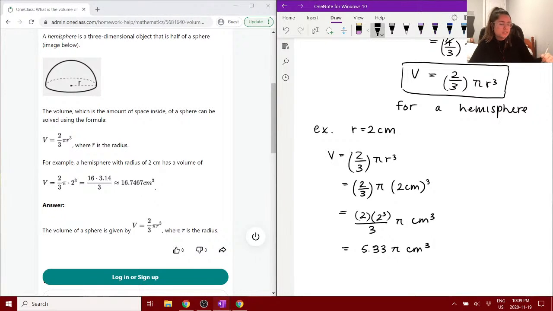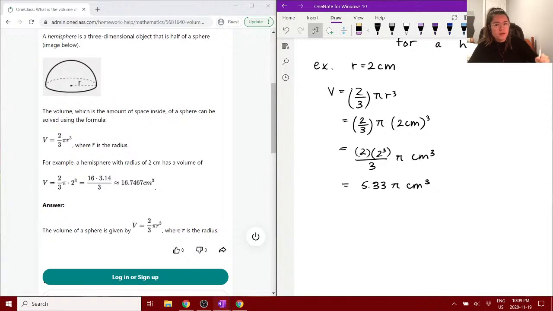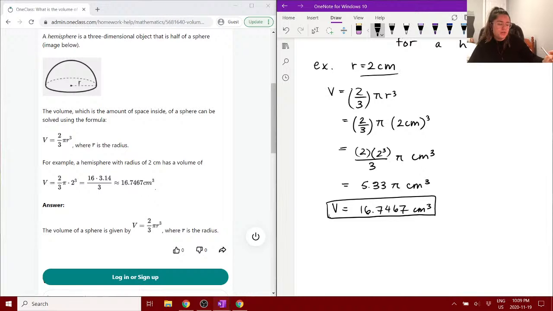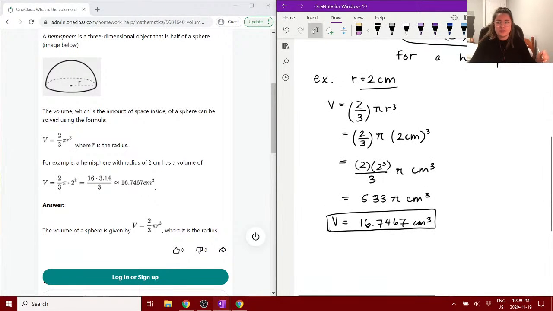That would be the exact solution, and then the evaluated solution using your pi would be, as you can see here on the left, 16.7467 centimeters cubed. So that would be the volume of your hemisphere when the given radius is 2 centimeters.